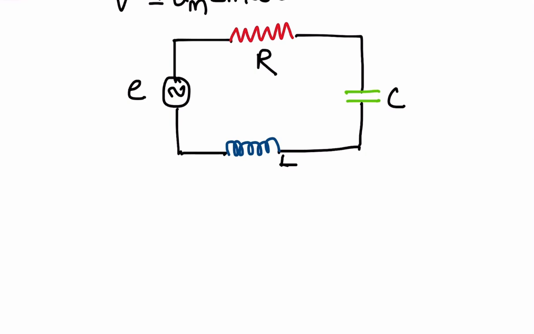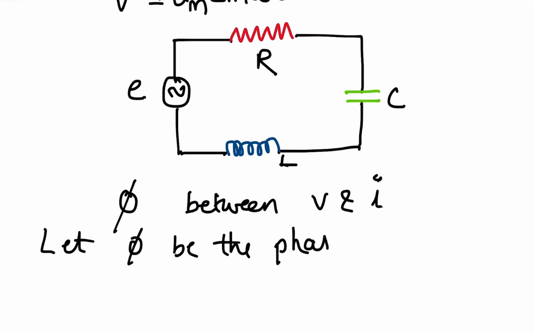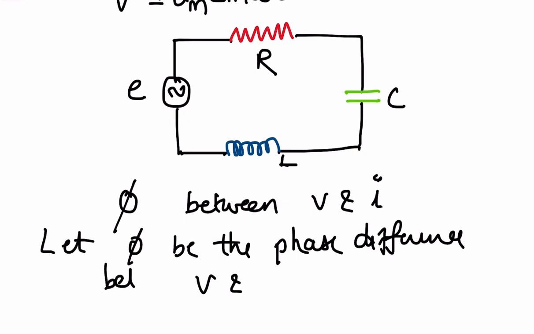At the end we will see what phi is. Initially we don't know the phase difference. So let us assume, let phi be the phase difference between voltage and current. Therefore, this is our assumption only, as I told you.